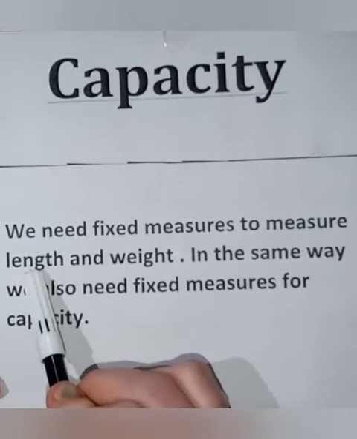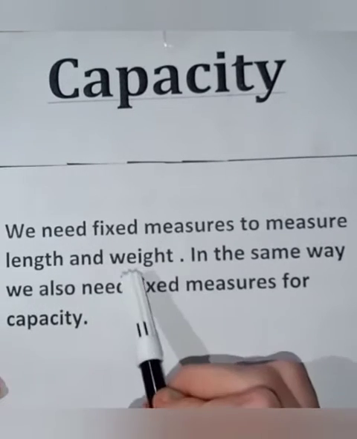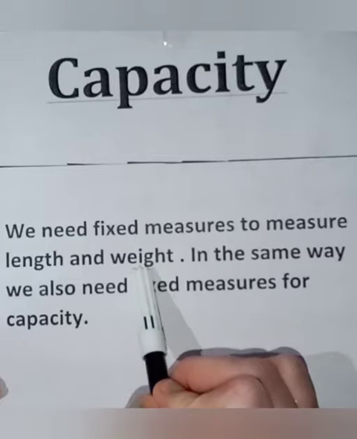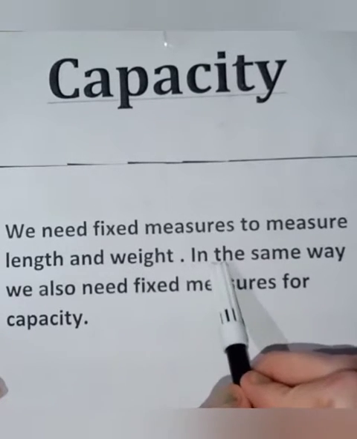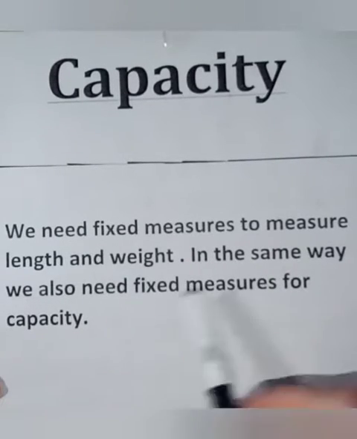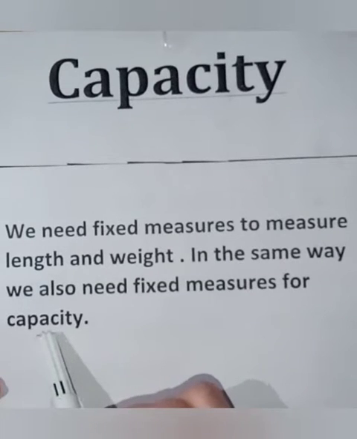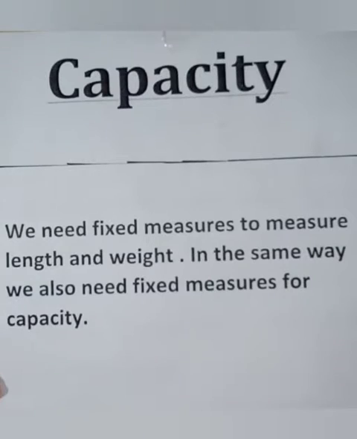To measure length, we used centimeter and meter. And to measure weight, we used kilogram and gram. In the same way, we also need fixed measures for capacity. We will study about it today.